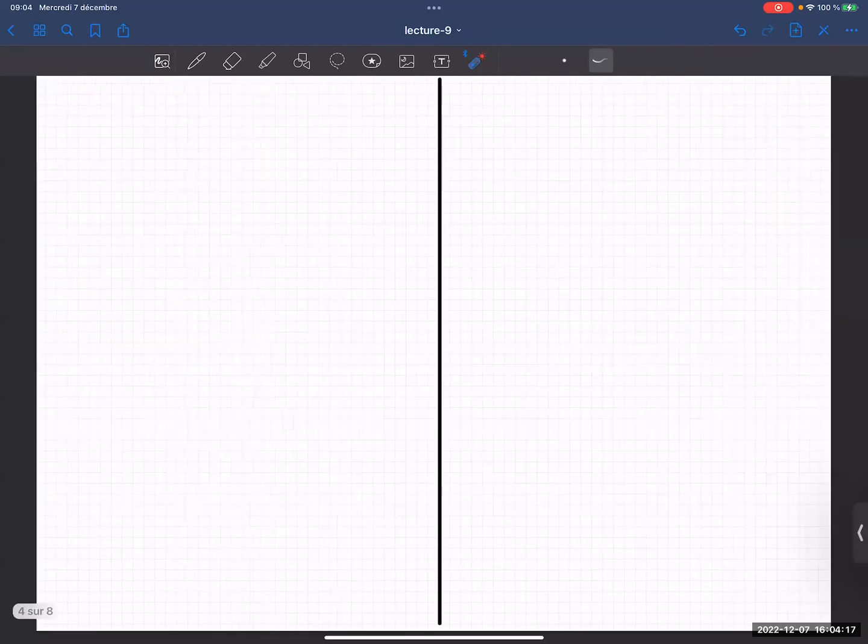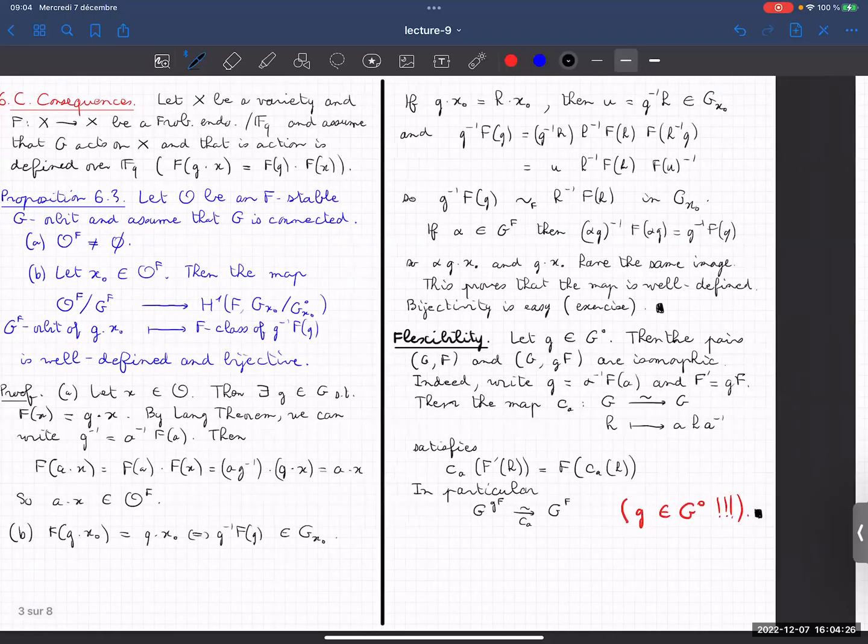Okay, so let me give some other examples of applications of this Lang's theorem. So this is example 6.4.